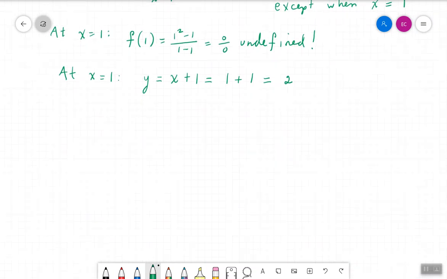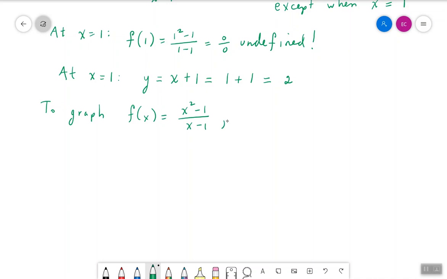So to graph f of x equals x squared minus 1 over x minus 1, just graph the simplified form. And so that's a line.